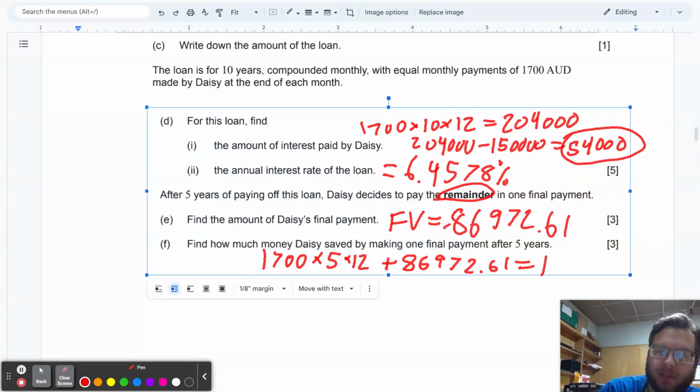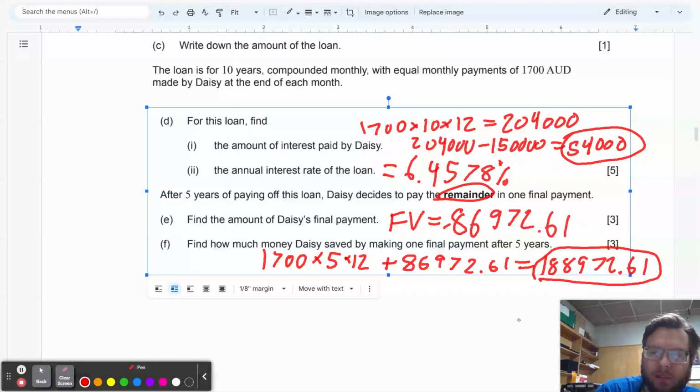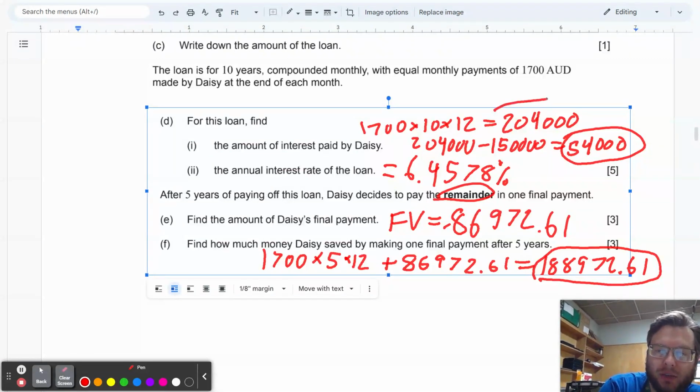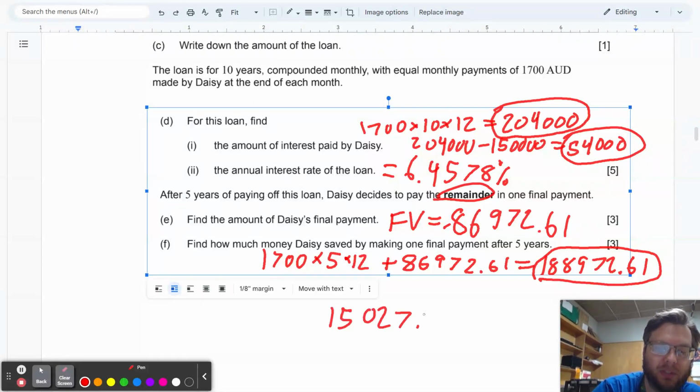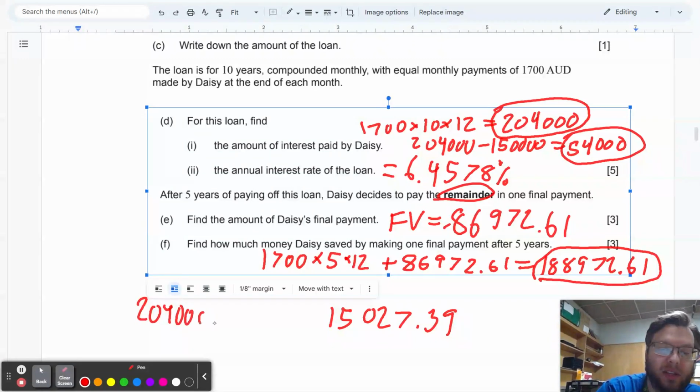And so that means that she paid this much over her 5-year payoff plan compared to, remember, she paid $204,000 over 10 years. So if you subtract those two, then you get a difference of $15,027.39. And the way I got that is just by doing 204,000 minus the number we just calculated.